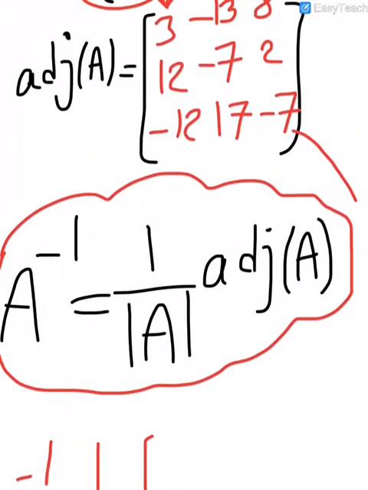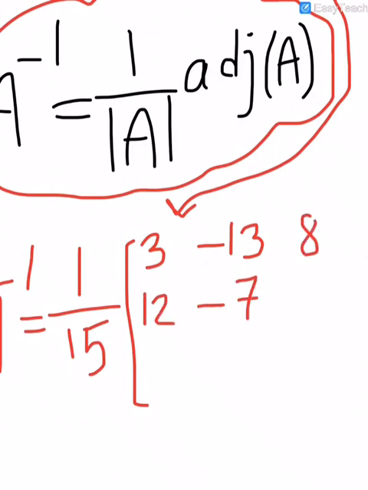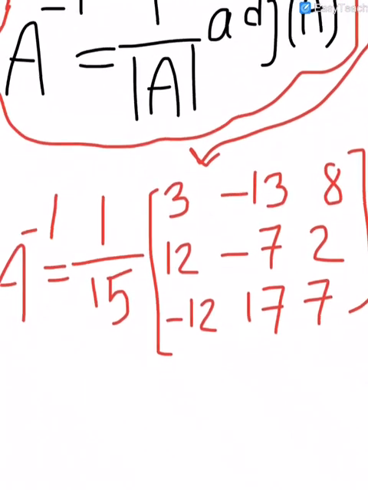I just need that one here. So I need to write it as 3, minus 13, 8, 12, minus 7 and 2, minus 12, 17 and minus 7. Yeah, that is the inverse of matrix A.